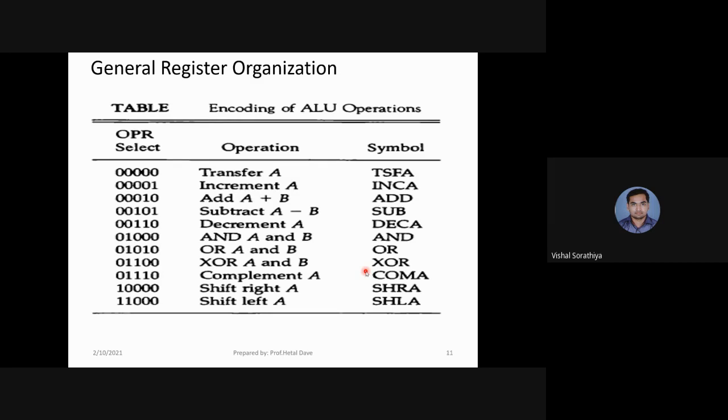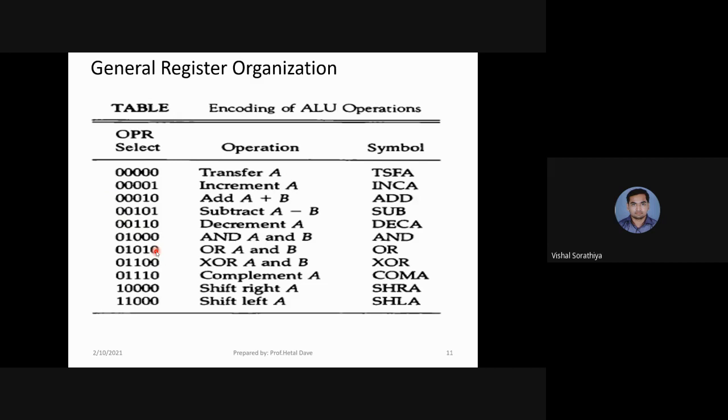Now, what are the opcodes? In the ALU, the different opcodes are transfer A, increment A, add A plus B, subtract A minus B, decrement A, AND, OR, XOR, complement, shift right, shift left. Transfer, increment, addition, subtraction, decrement are arithmetic; AND, OR, XOR and complement are logical; then there is the shifting operation. For all of them you have an OPR selection like this, so by looking at this table you can get anything.